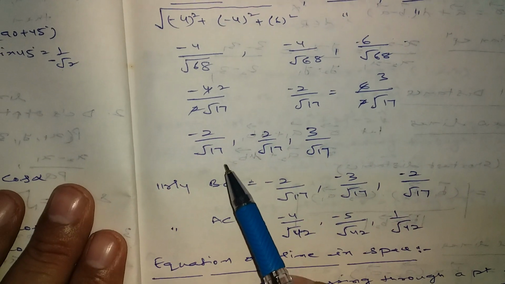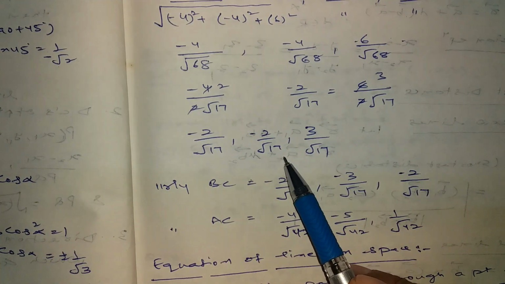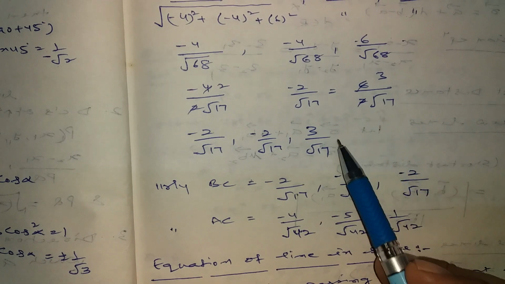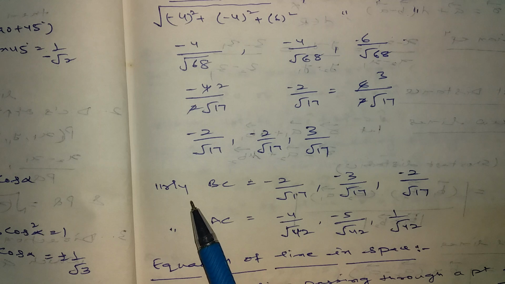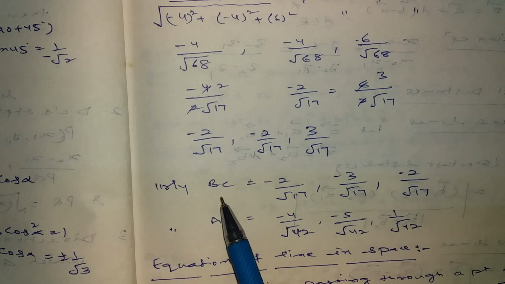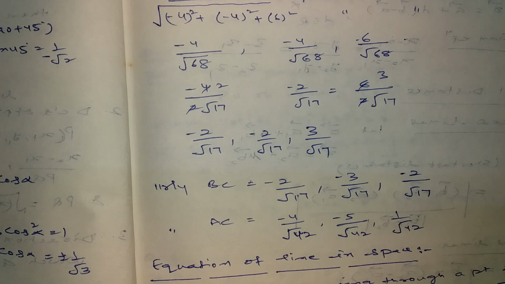On calculation it is -2 upon under root 17, -2 upon under root 17 and 3 by under root 17. Similarly, you can calculate the direction ratio of BC and then the direction cosines of BC, and similarly AC.